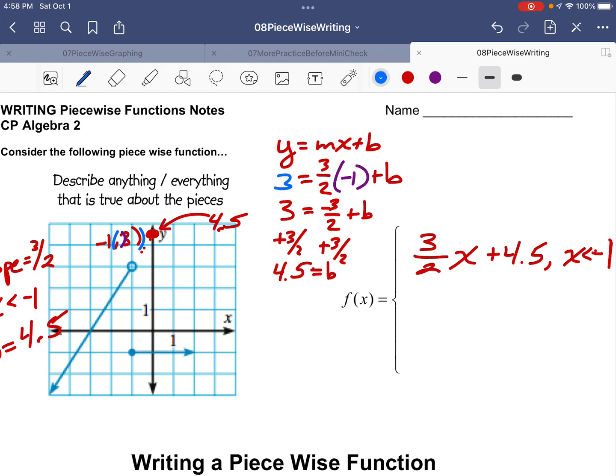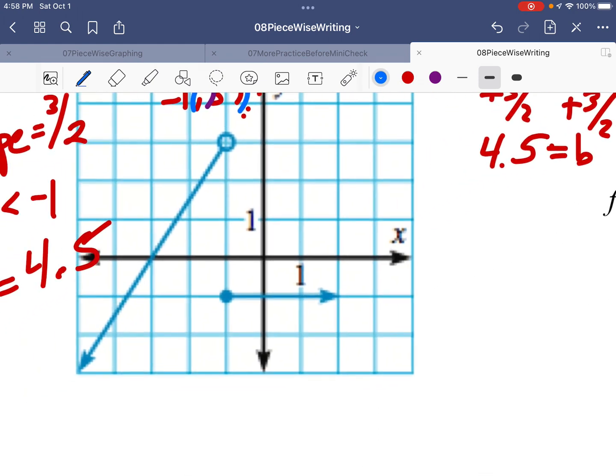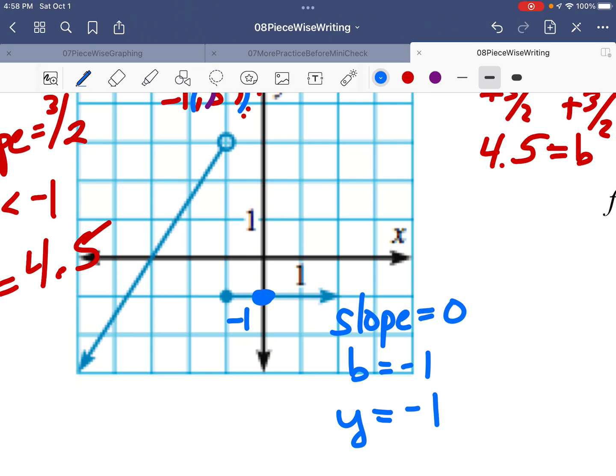So how about our other piece down here? What are some things that are true about this piece? Sometimes students would tell me that the slope is 0. Sometimes kids would comment on the y-intercept being at -1, b equals -1. To be specific, the equation is y equals -1 because it's just a horizontal line.